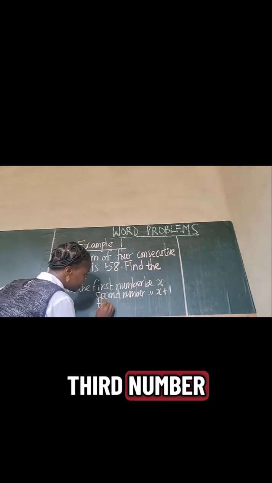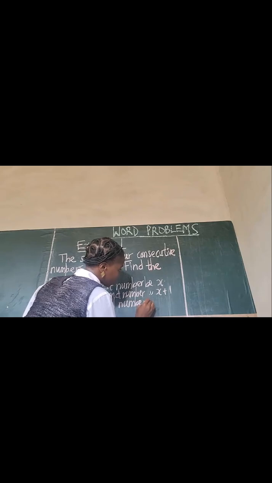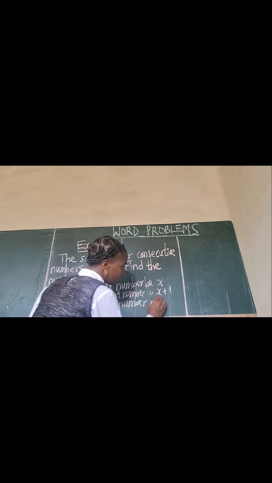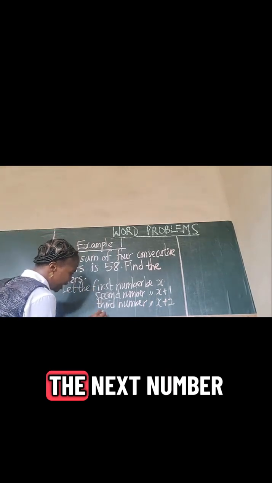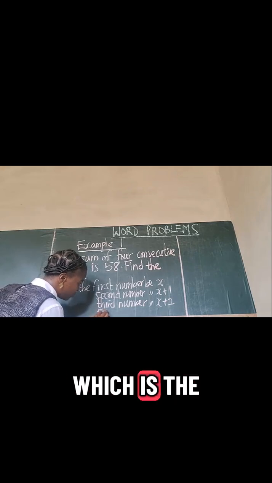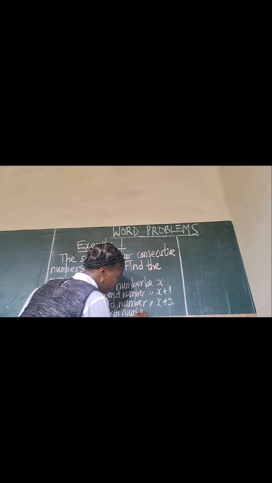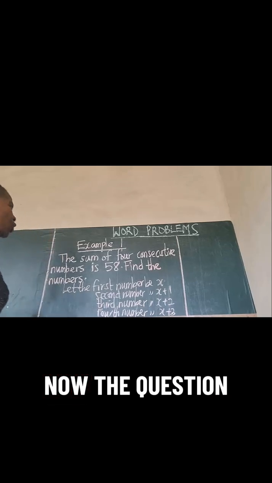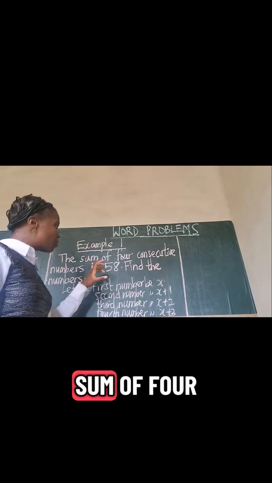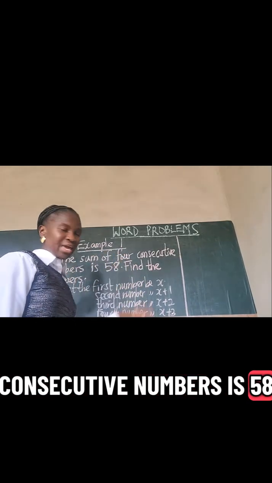Third number, x plus 2. The next number, the last one, which is the fourth number, x plus 3. Now, the question states that the sum of 4 consecutive numbers is 58.